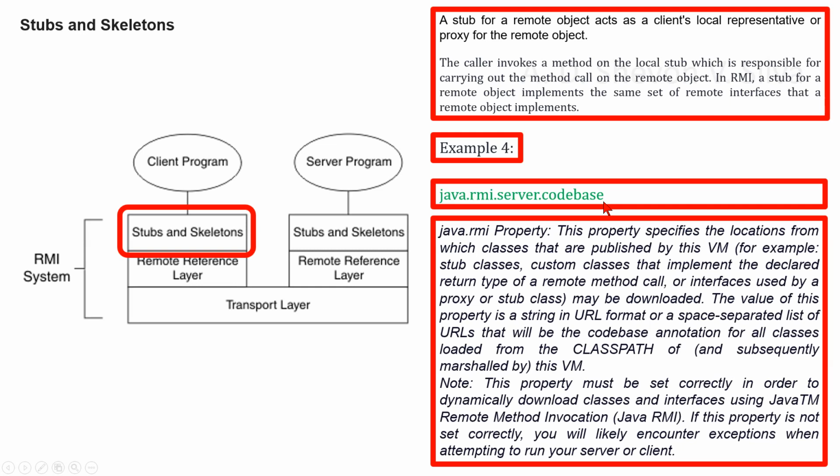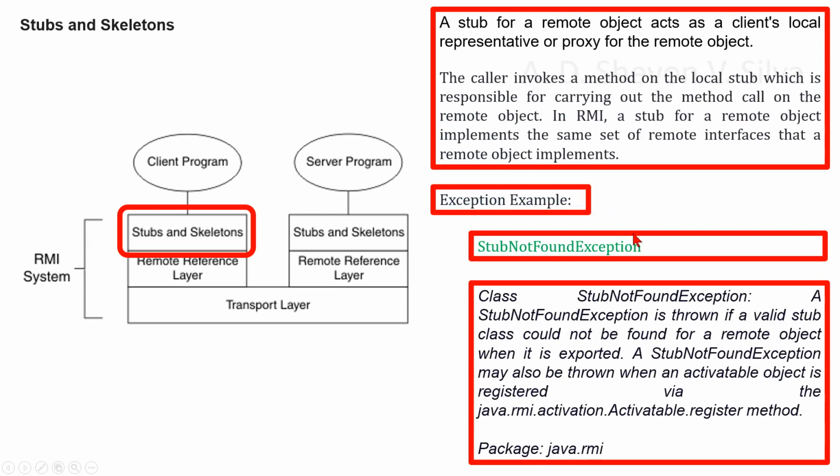As an exception example, we can consider this one, class StubNotFoundException. A StubNotFoundException is thrown if a valid stub class could not be found for a remote object when it is exported.